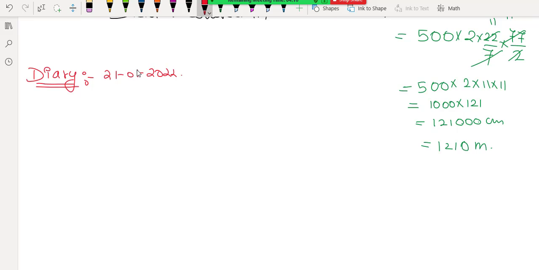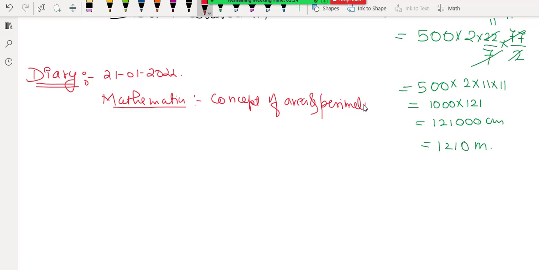What is the name of the second exercise? 21B. Very good. Homework for mathematics, concept of perimeter and area, exercise 21B.